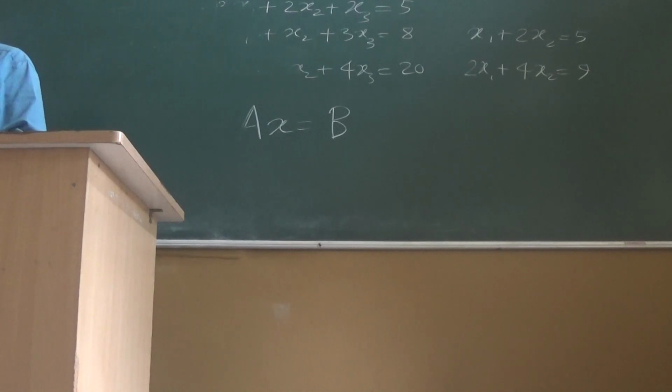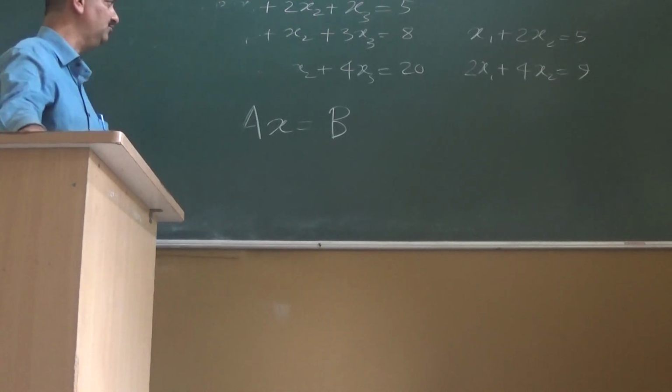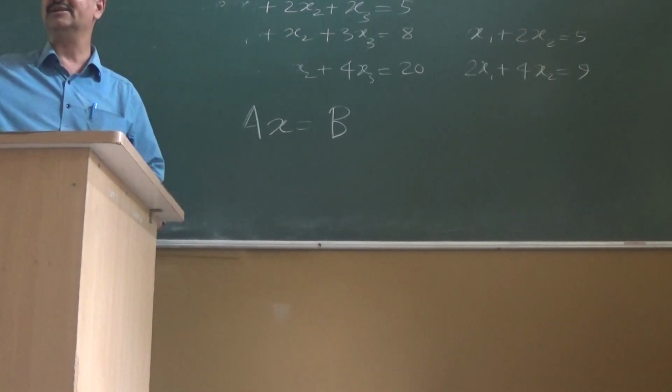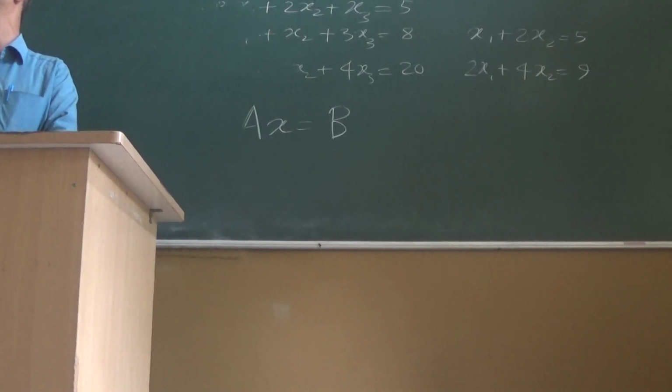In 2 by 2 it is instant actually. But if it is 3 by 3, then it is somewhat longer. So the lower triangular part is to be made 0.